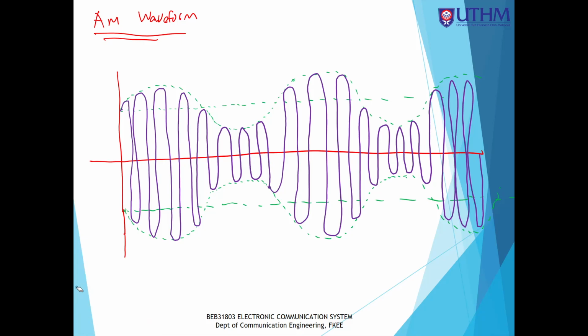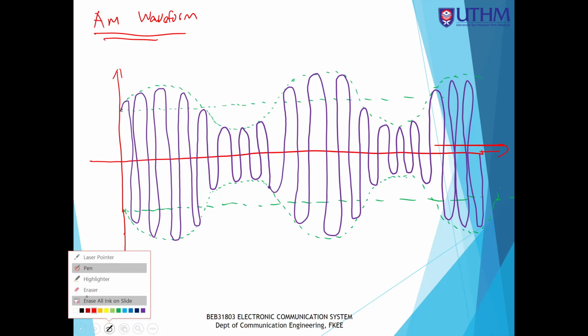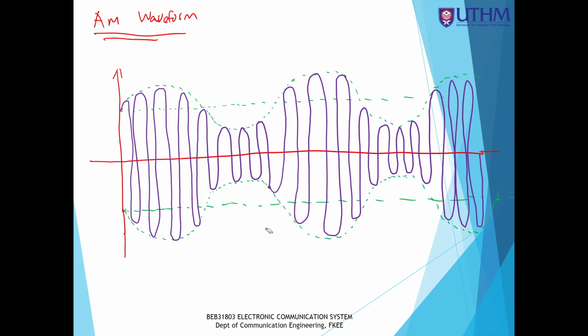Then I want to see the labeling. I need to label correctly. First of all, label the axis. So this is voltage versus time.